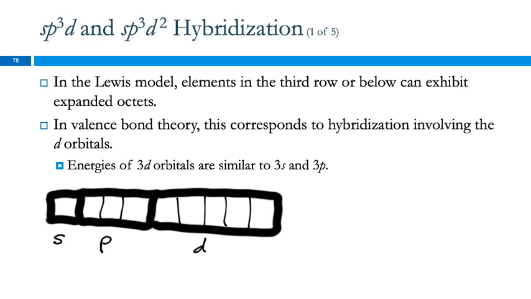This isn't present on the 2nd floor, on the 2nd level, but on the 3rd level and above, if I need more than 4 orbitals, I can expand into this empty room, right?